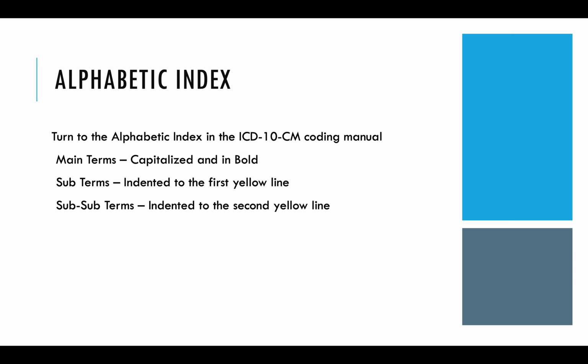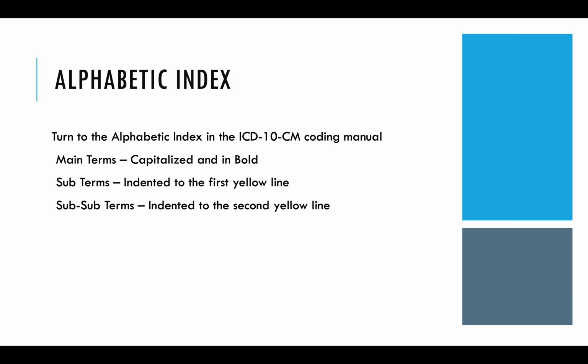You'll also notice on the right side, there is a range of words that are included on this page, and they change from time to time if you look through. Like, for example, diabetes has its own page, but if I keep looking, dislocation goes to disorder. So it really is done alphabetically. The way this is formatted is main terms are capitalized and in bold.